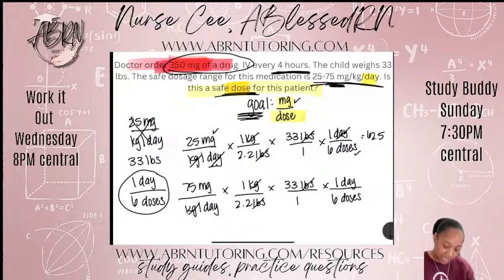And somebody was like, well, that just seems like it's long and drawn out. It takes forever. Do you see how quickly I wrote that? Okay. So 75 times 33 divided by 2.2 divided by 6. And I know it's going to be right.